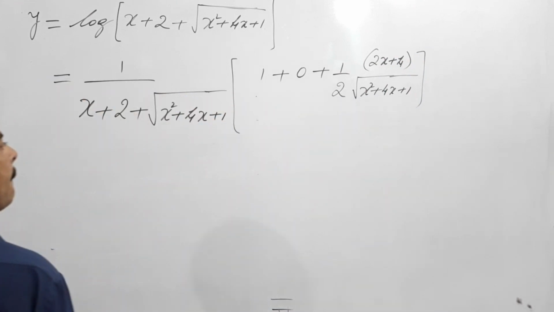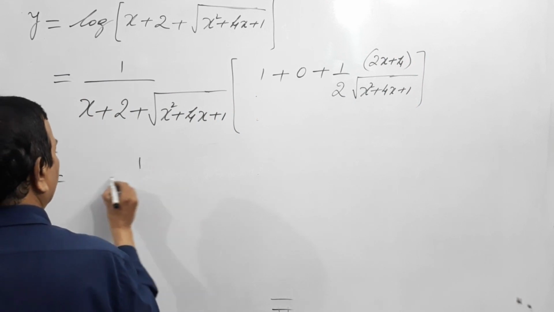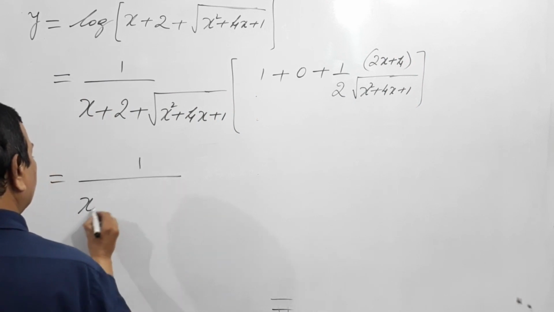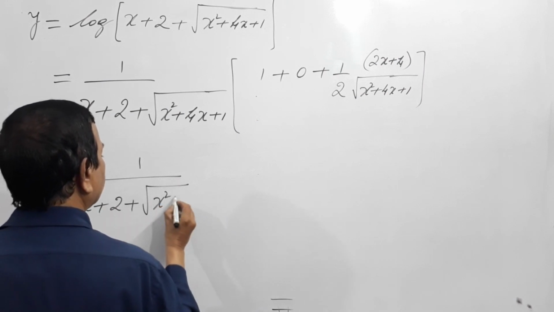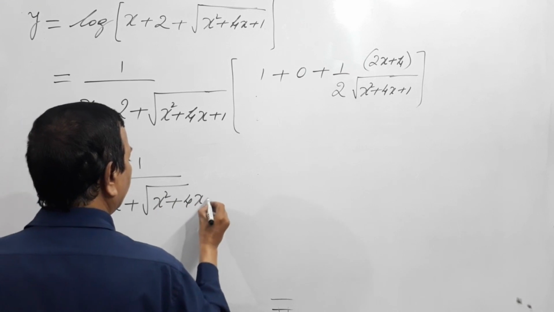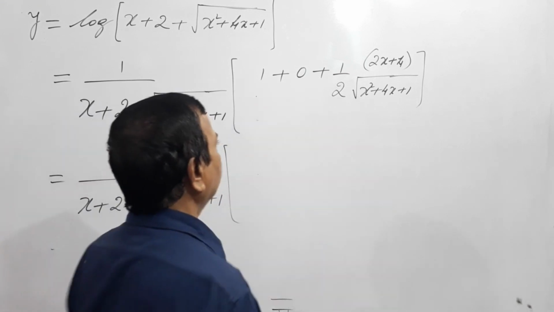Okay. This is 1 by x plus 2 plus under the root x square plus 4x plus 1. So I remove the 0.